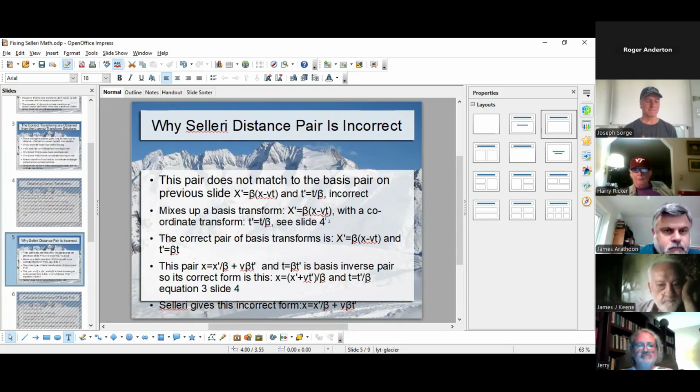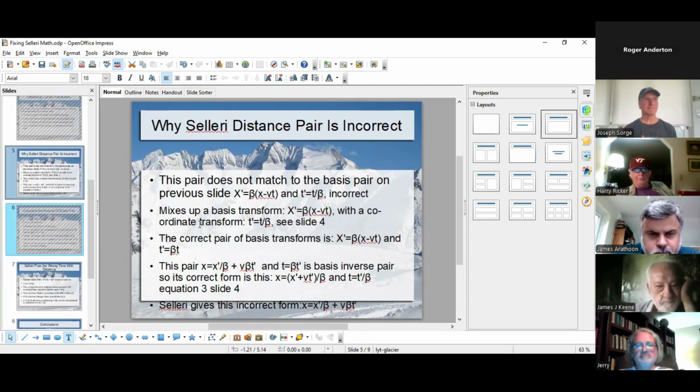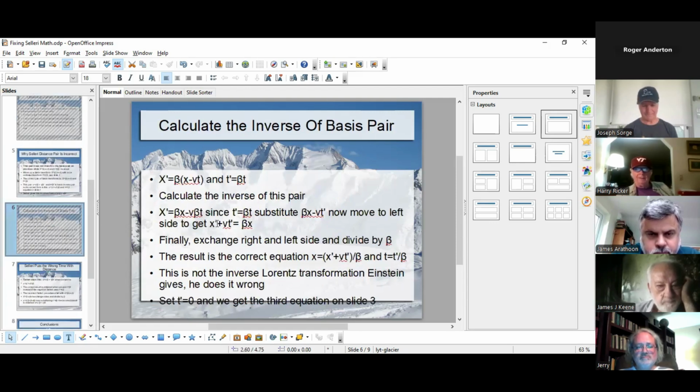Okay, so I go through a lot of math here, and essentially dissect his equations and show that you really can't get the correct answer from his equations. So what he did was he mixed up the basis and the coordinate transformations in his theory.